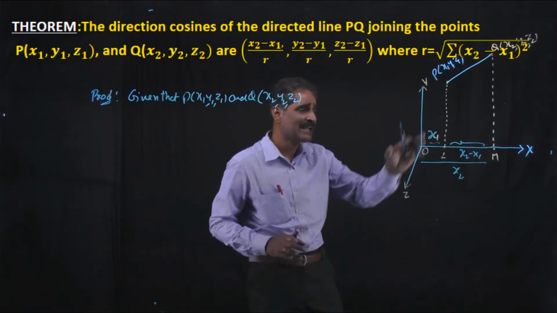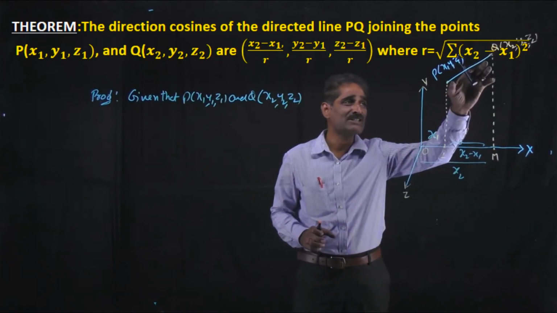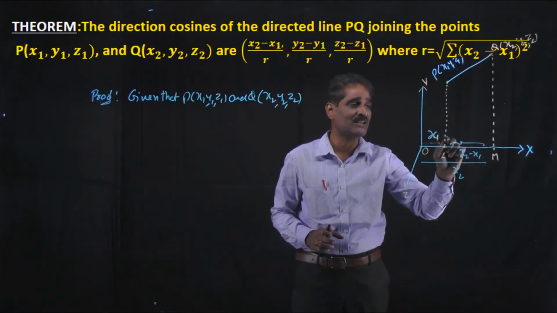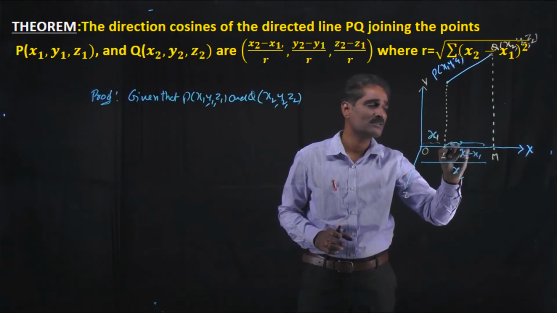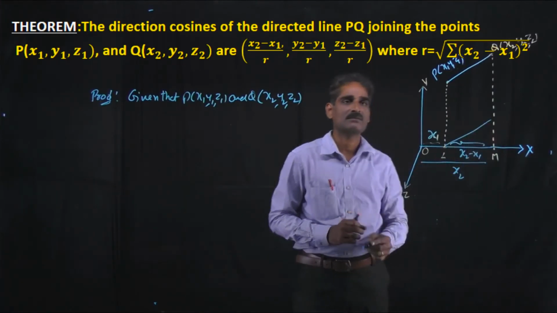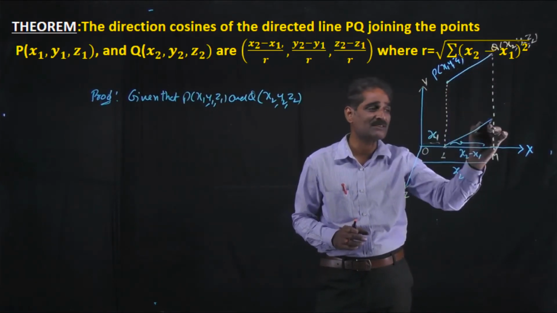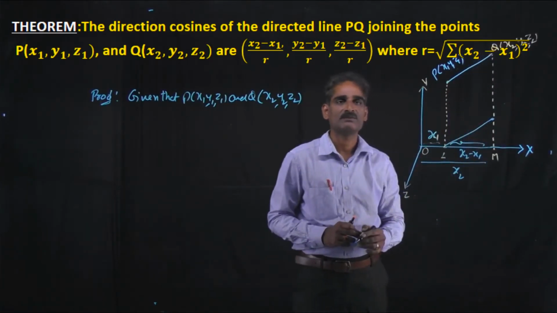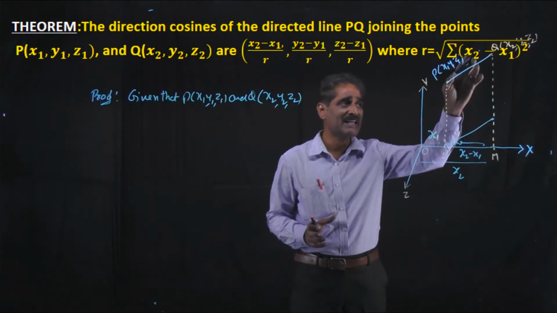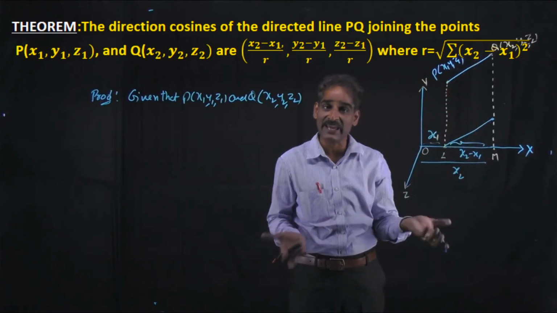Now draw a line which is parallel to this, having the same length and passing through L. Suppose this is the line which is parallel to this and has the same length. Now observe that the angles made by these 2 lines with the axes are the same.